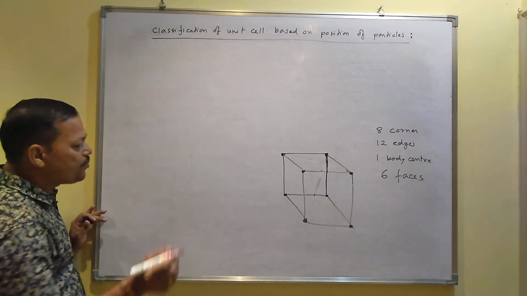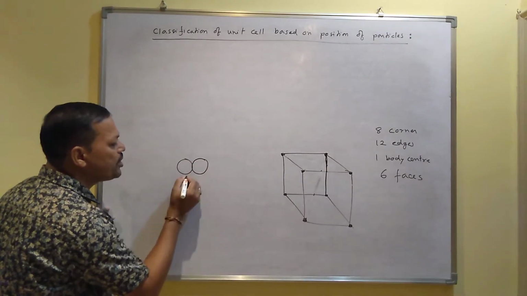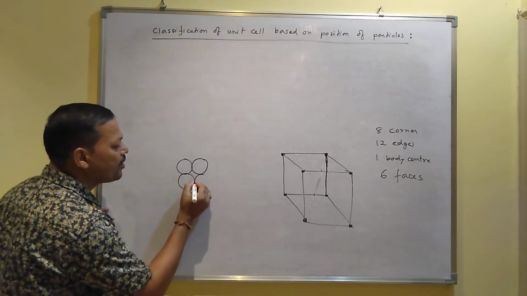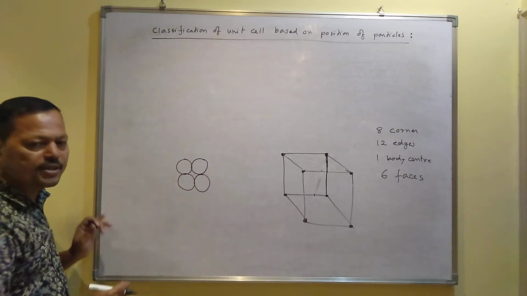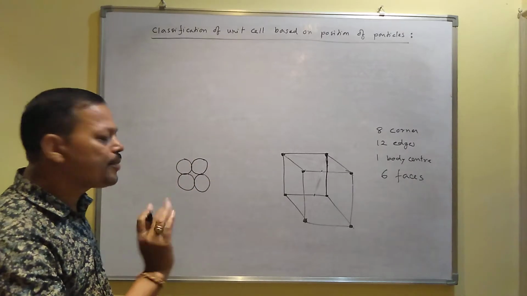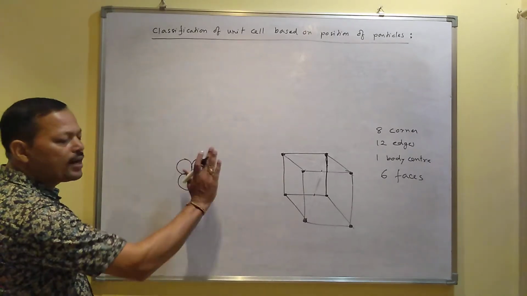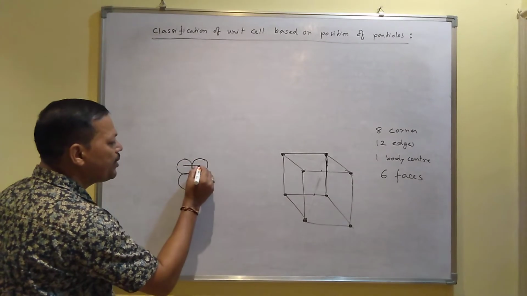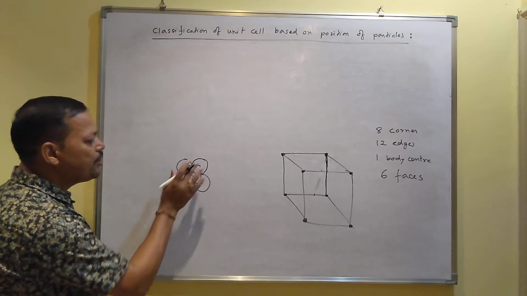Now, as I have told you in the last class, in a solid the particles are closely attached with one another and they are arranged 3-dimensionally. So just I have shown 4 particles, and particles are always spherical like marbles. So you have to consider this as a marble. So this is one layer, and when you combine these particles in one layer, then you will get what?